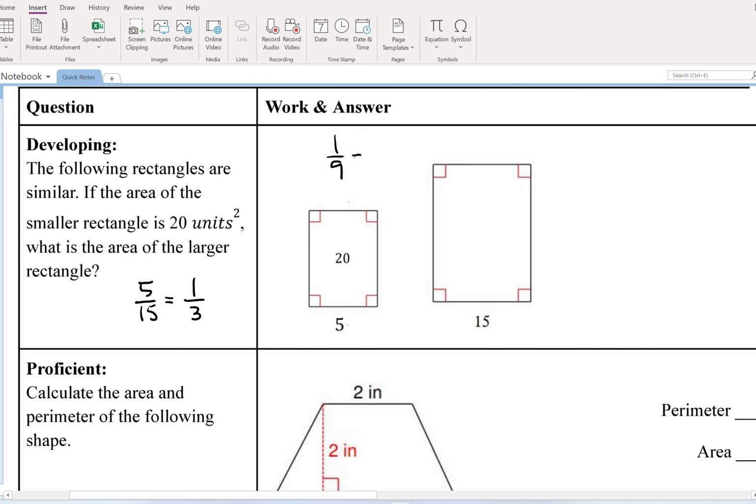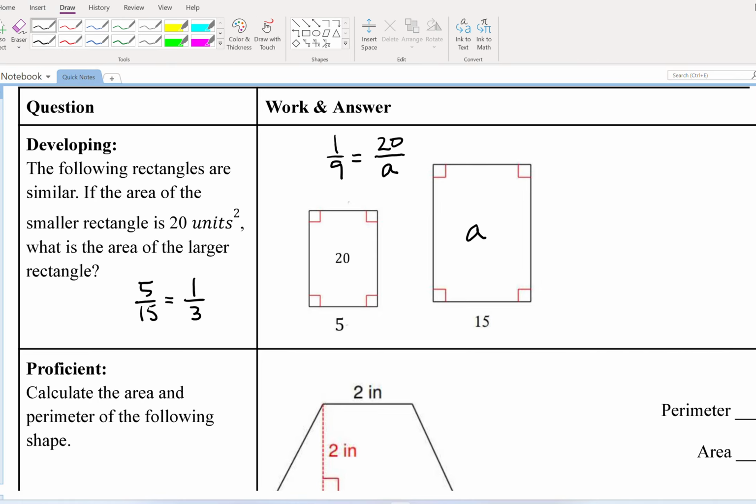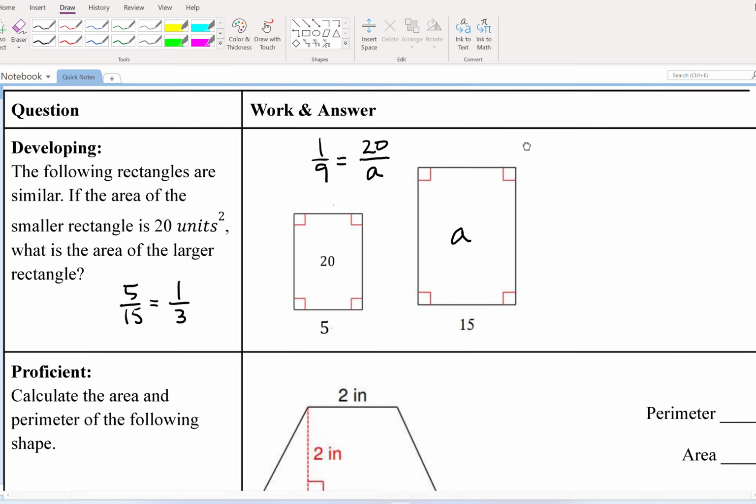And so if the area of the smaller rectangle is 20, we don't know the area of the larger rectangle, so let's call it A for area. In a true proportion, the cross products are equal.